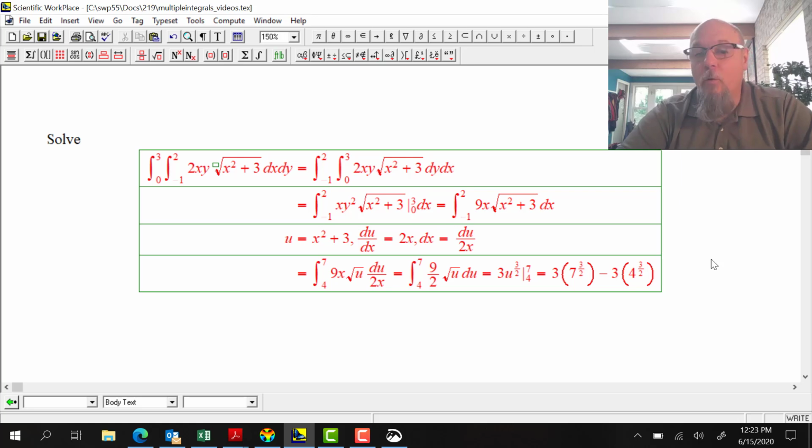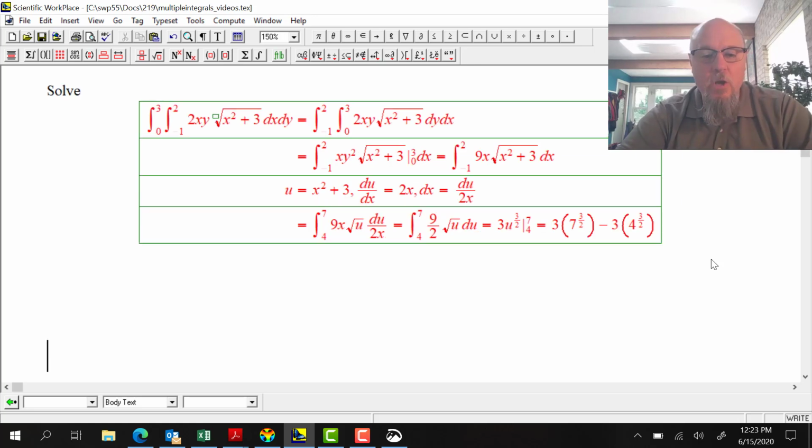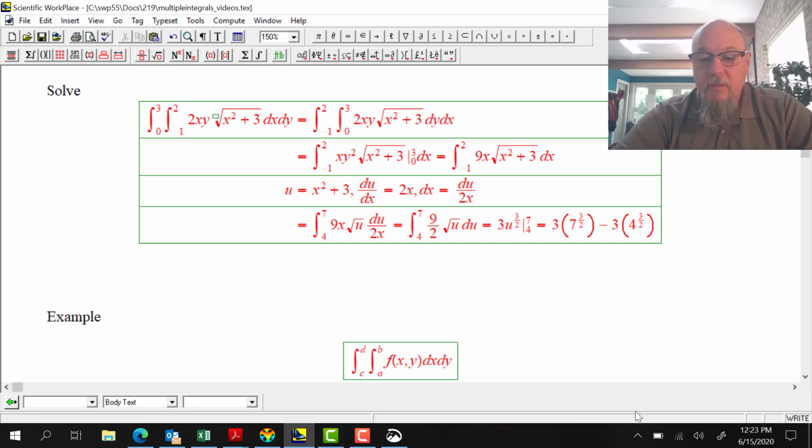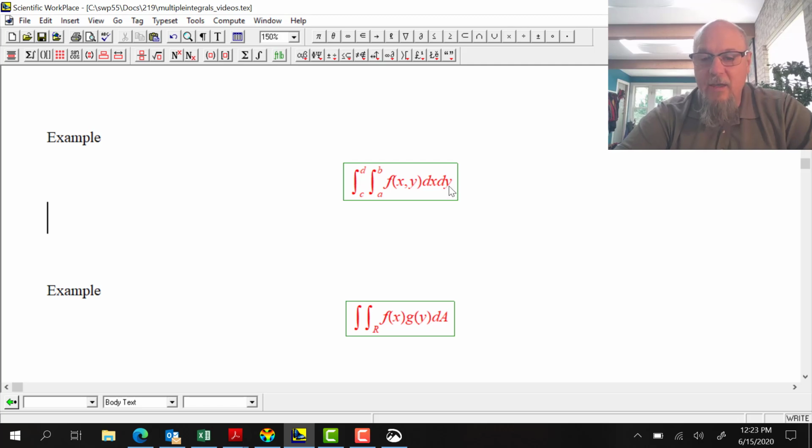So let's formalize the thing that we've already kind of noticed here. If I'm integrating over a rectangle, how do I know this is a rectangle? Well, this must be x equals a and x equals b, y equals c and y equals d.